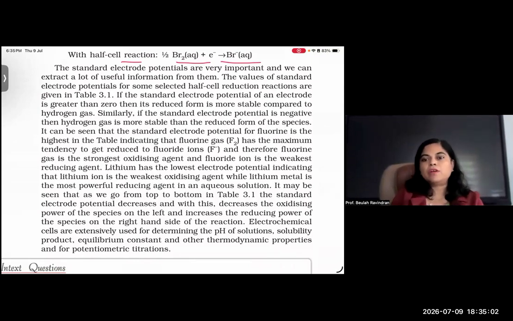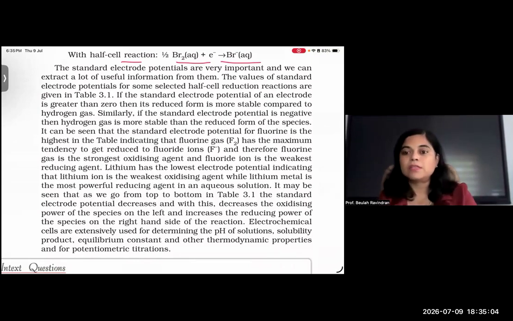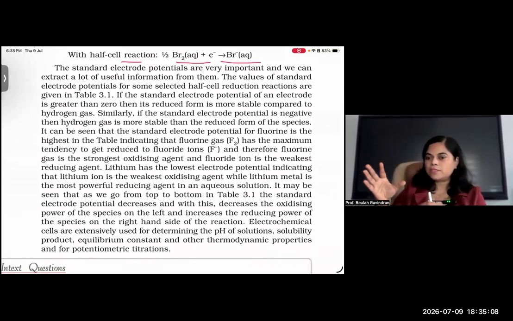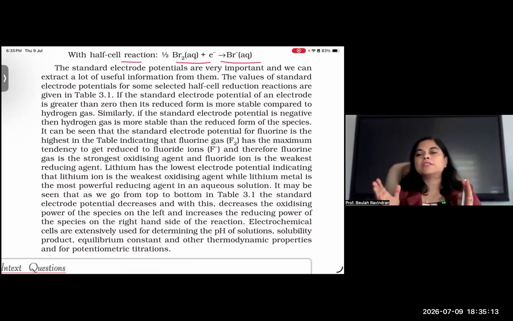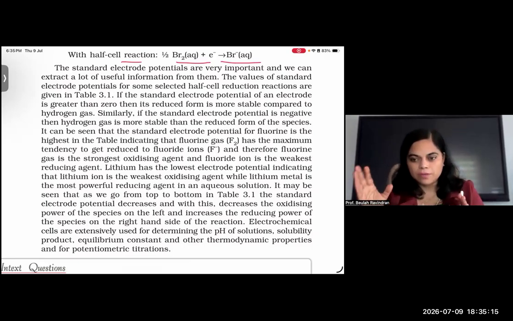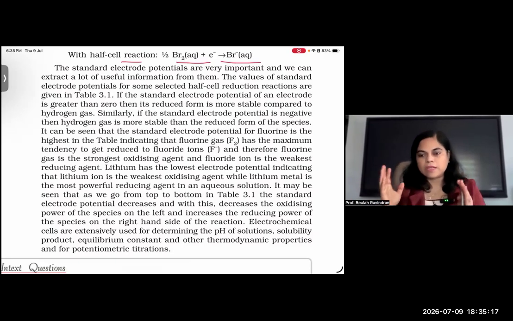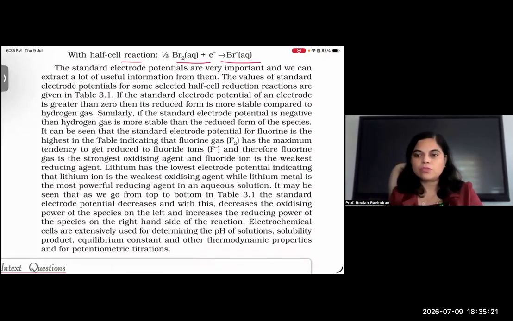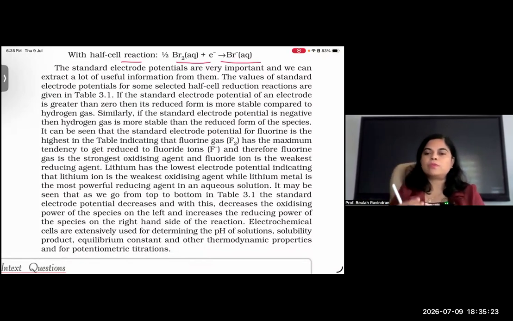You have to practice many half cell reactions. Half cell reactions mean the right electrode and left electrode, and we can say the half cell, anode and cathode. You must know what is happening at the anode, what is happening at the cathode, and also the combined reaction. So students, you can practice more reactions.